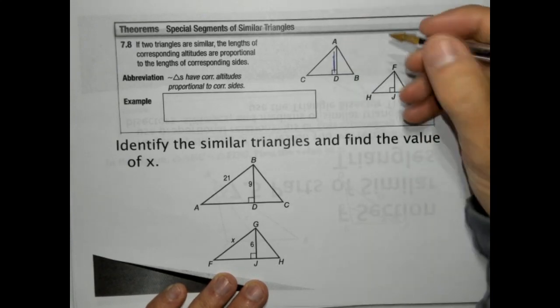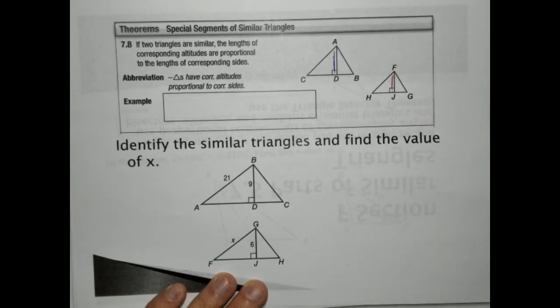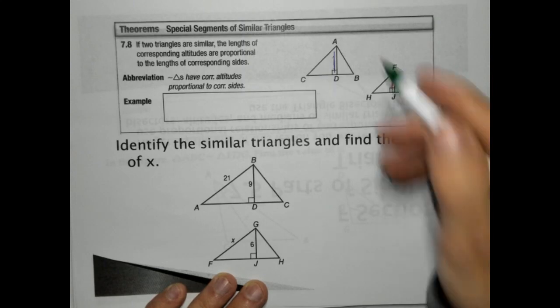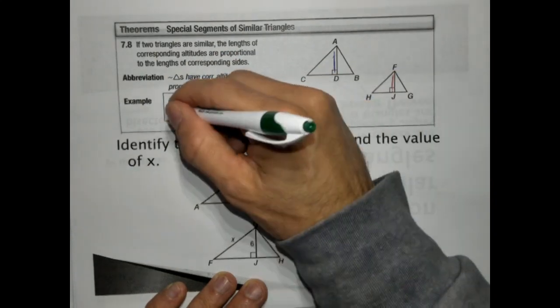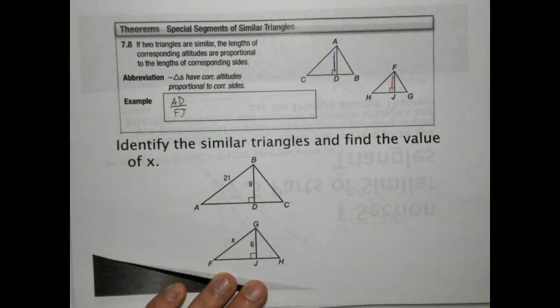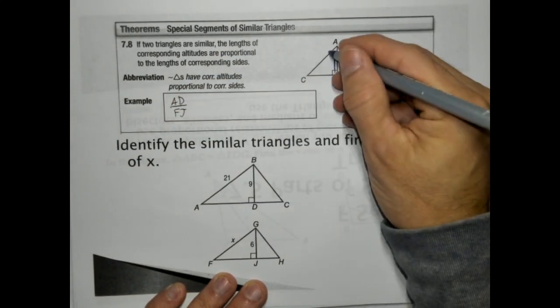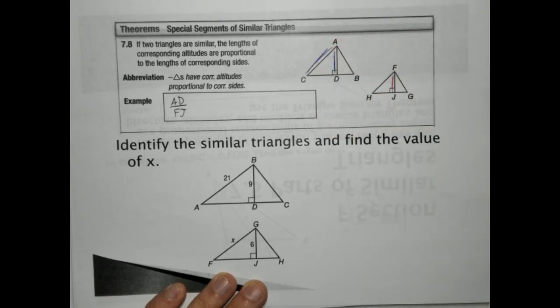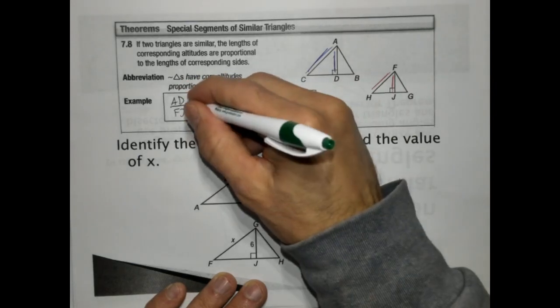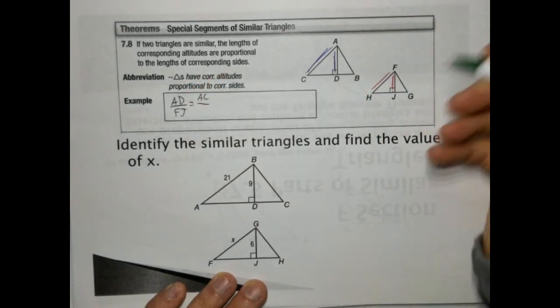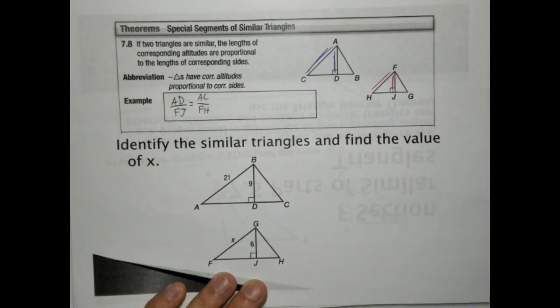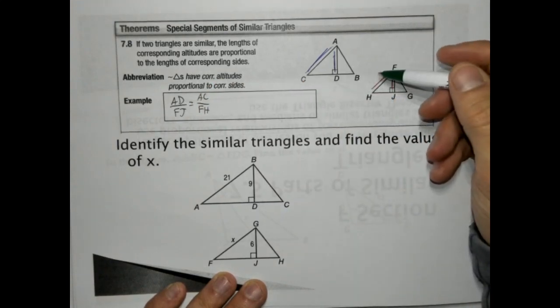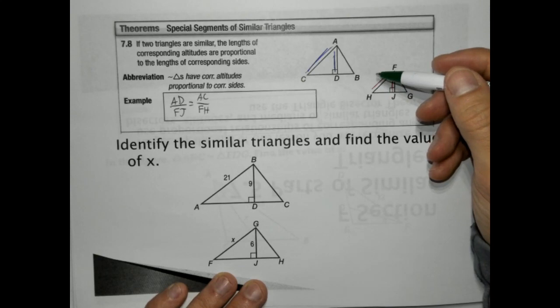So AD over FJ, and blue over red, AC over FH. This isn't really too much of a stretch. It's just saying that the altitudes will have the same relationship that the sides do when the triangles are similar.